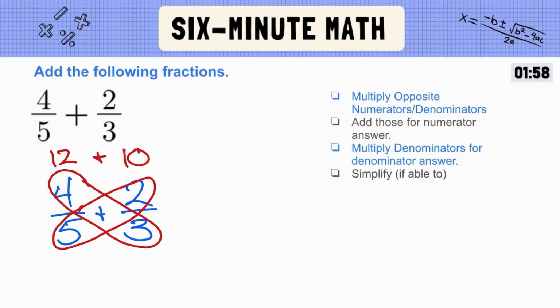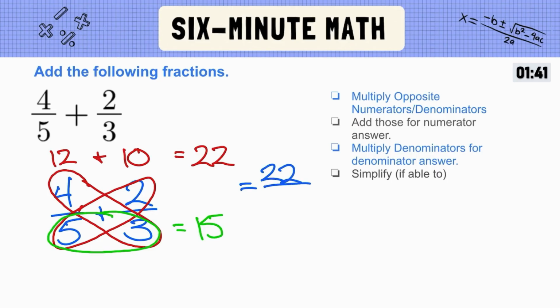Adding fractions means I add those numbers together to give me 22. And then I find my denominator by multiplying 5 times 3 for 15. Combining those gives me 22 over 15 as a final answer.